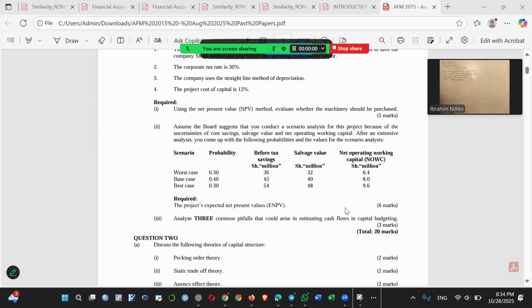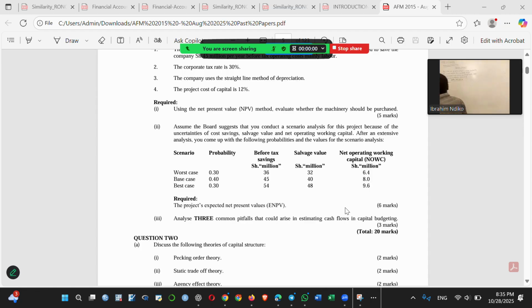Now for the best case, we have our NPV. Let us go to the base case. What is our earnings before tax savings? 45. Salvage value? 40. Net operating working capital? 8 million. We use that information to calculate NPV.